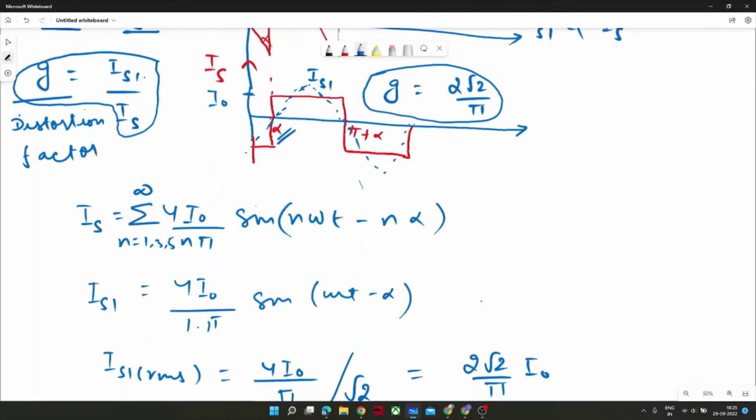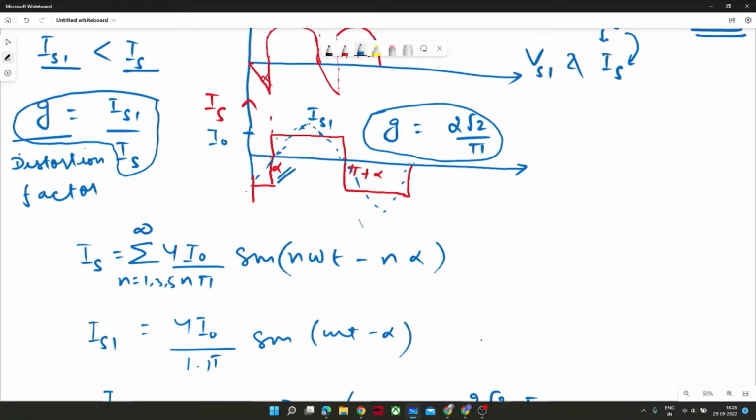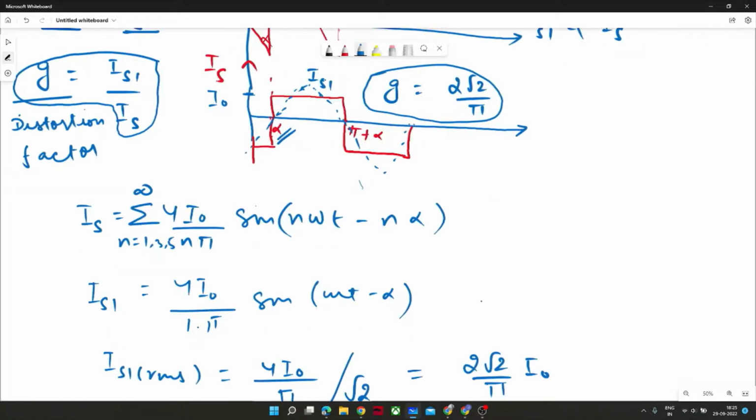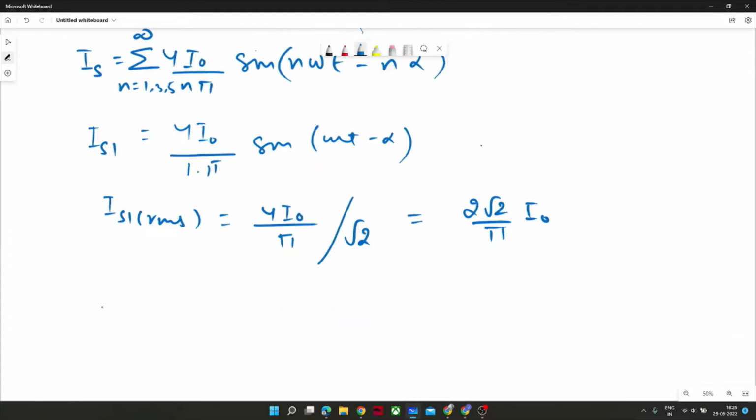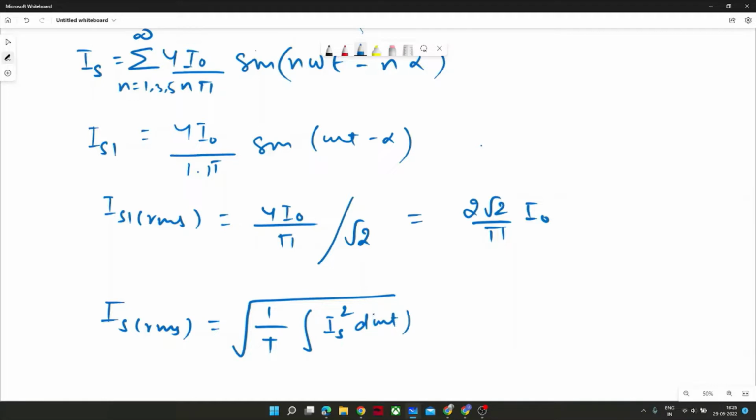Now we need to calculate IS RMS, right? For the square waveform, you can easily calculate it because if you square this, it will become I naught square. Let me tell you, IS RMS is equal to 1 by T, integral of IS square d omega t from alpha to pi plus alpha.